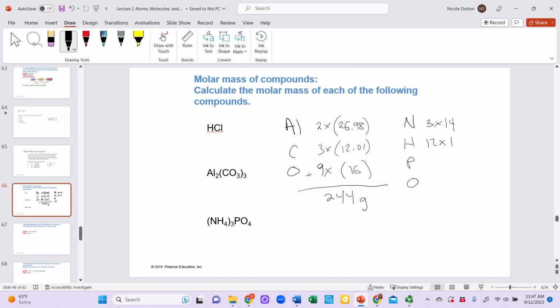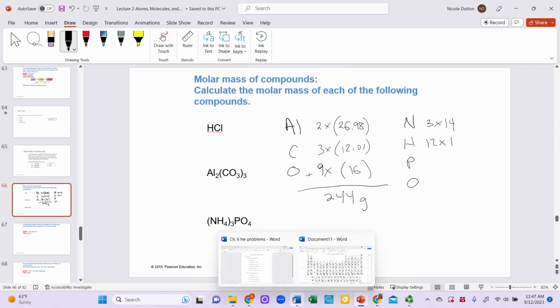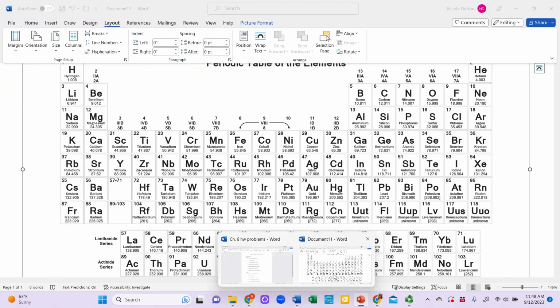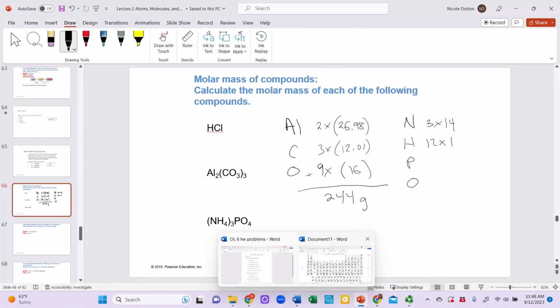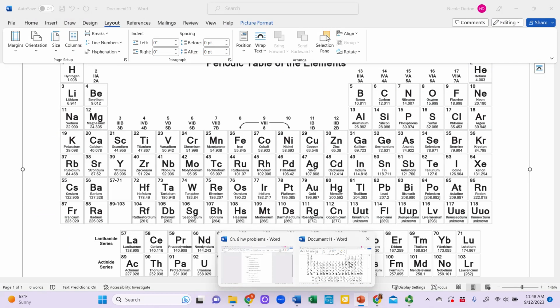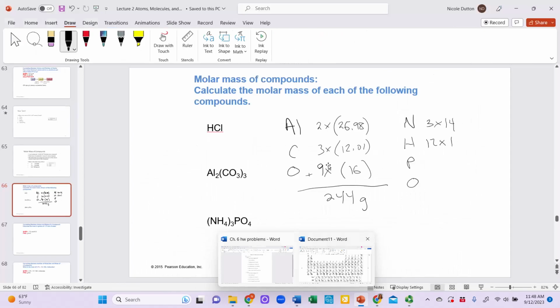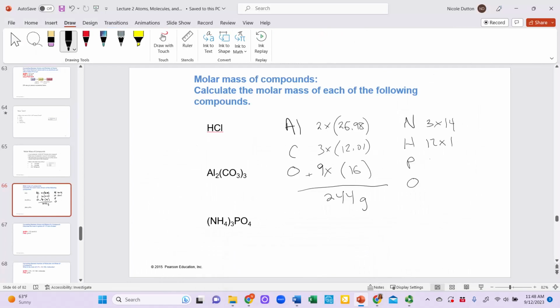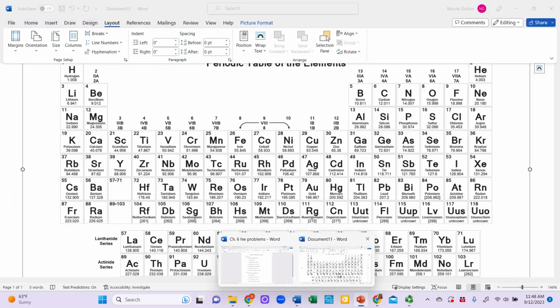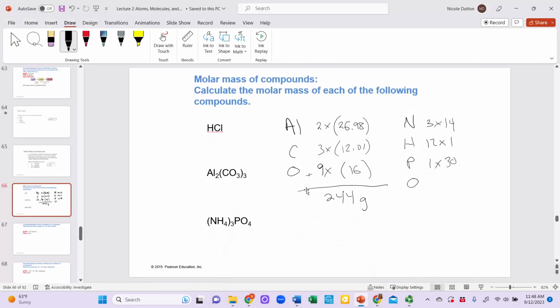Now, we have 1 phosphorus. The mass of phosphorus from the periodic table is up here, 30.974. Let me go back there. Did I do that right? Yeah, 30.974.